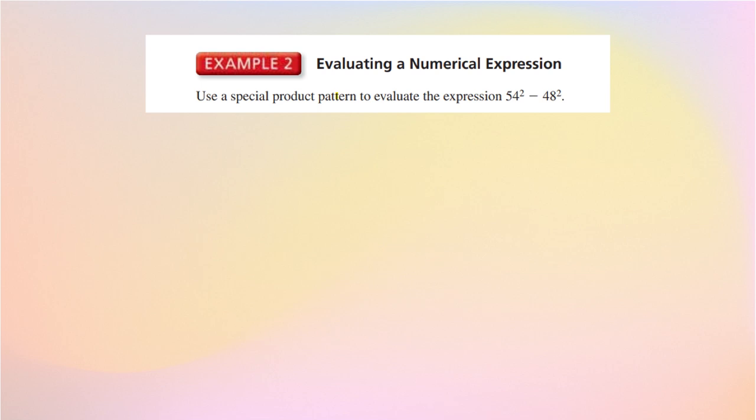Now here we have evaluate using the product pattern to evaluate the expression. Now we have a numerical expression, that means everything is numbers. I have 54 to the power 2 minus 48 to the power 2. If you notice here, we have the same pattern. It's a difference of two squares.